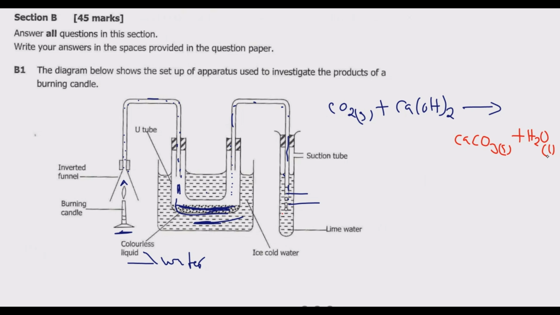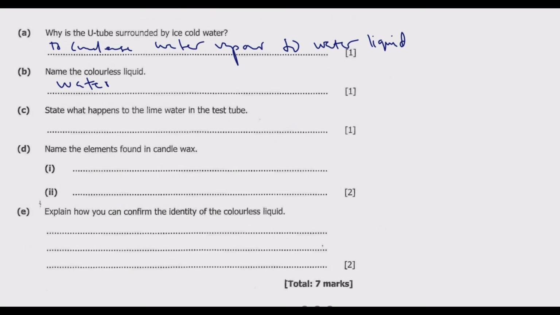So the lime water will turn milky, which is cloudy, meaning calcium carbonate is formed. That's what it implies.